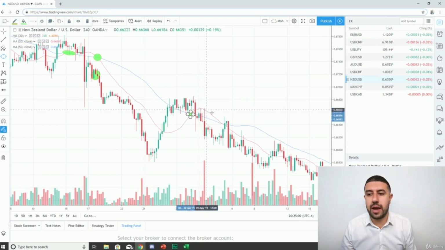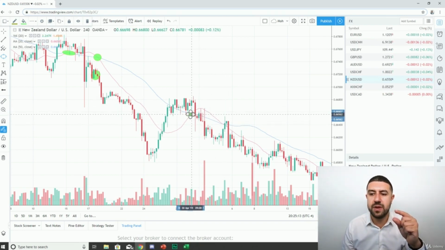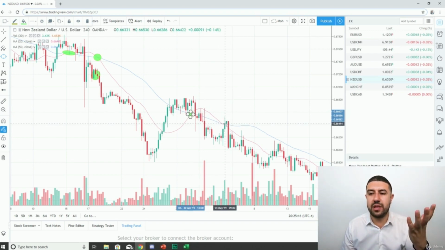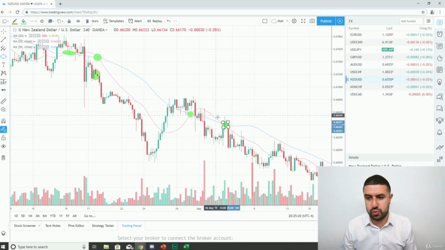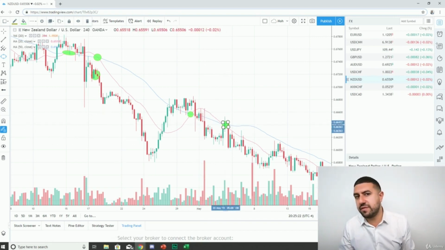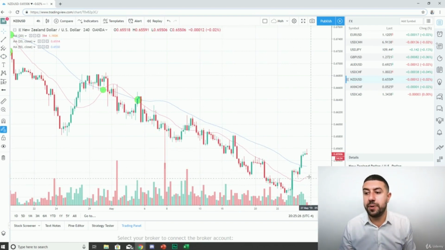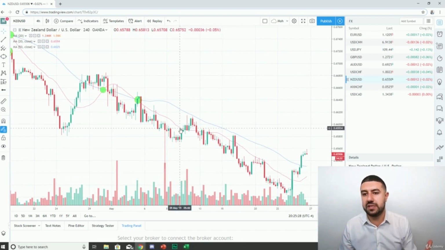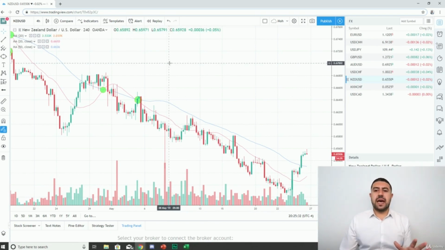I would have gone long and lost on this trade, but barely. I would have bought here and sold here. But here I would have shorted again because the shorter term moving average crossed below the longer term moving average, and I would have still had this trade open until today, which is pretty good because it's really deep in the money now, right? So this is how you would use it.